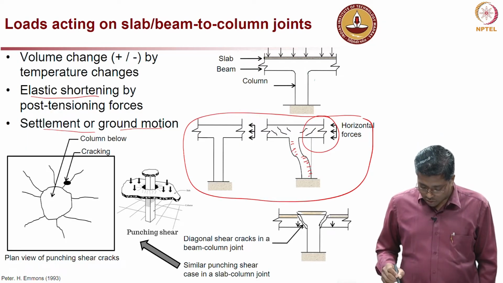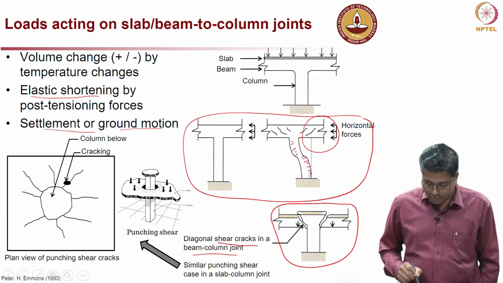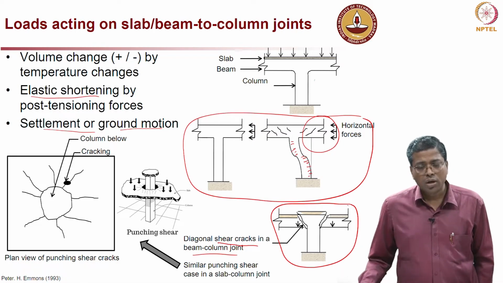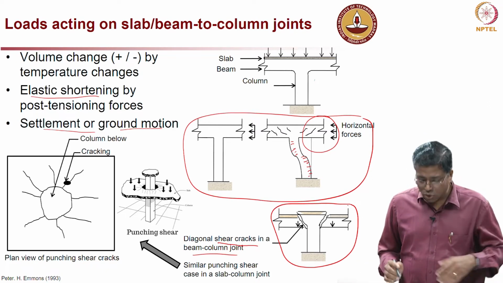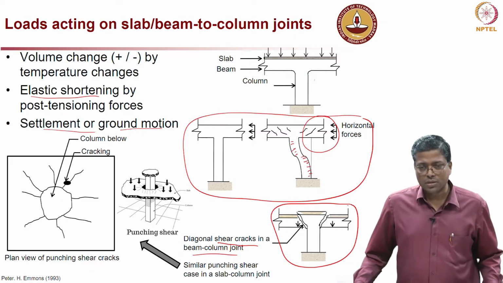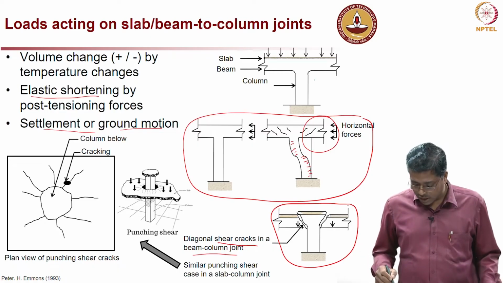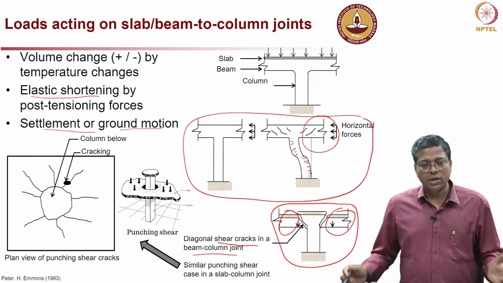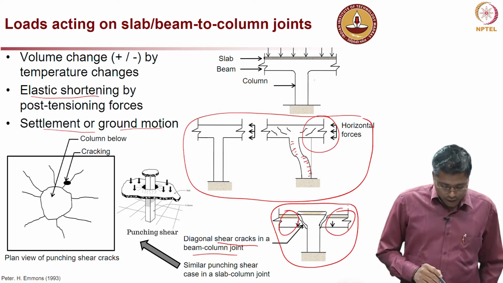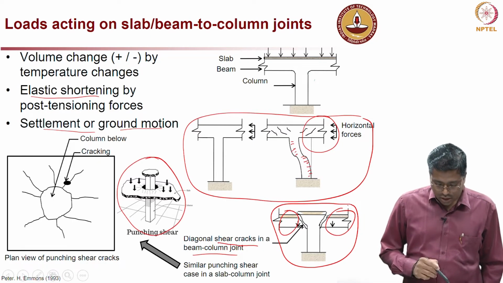Also, there may be a possibility of diagonal shear cracks in a beam-column joint because of heavy load or some movement in the ground. For example, in this case, assume that the other columns in this structure are settling, which might induce a downward force on the girders here, eventually leading to shear cracks. And there are also possibilities of punching shear, as you can see here in this sketch.